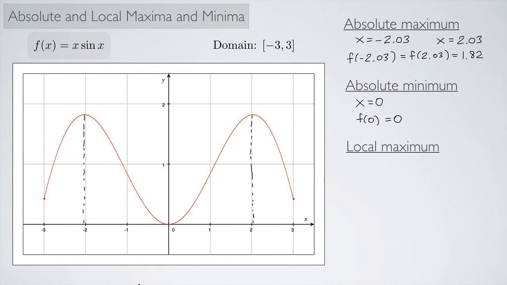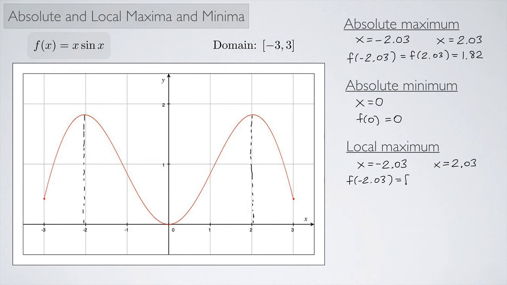Okay, how about a local maximum? Well, for the local maximum, again, we have these two peaks right here. And so again, we have the same thing that we had for the absolute. We have -2.03 and +2.03, and we see that the value of the function is the same at each of these.